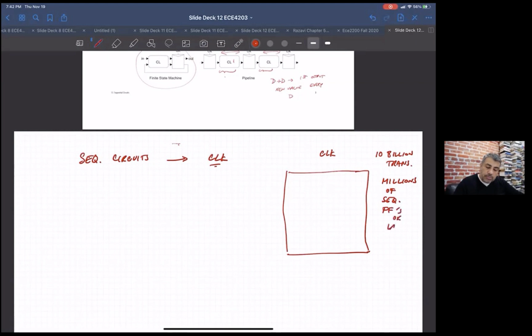We'll talk about both, but they all need this clock. So these flip-flops, sequential circuits, whatever, are distributed all over your chip. So this is your chip. So this clock needs to be everywhere on this chip.